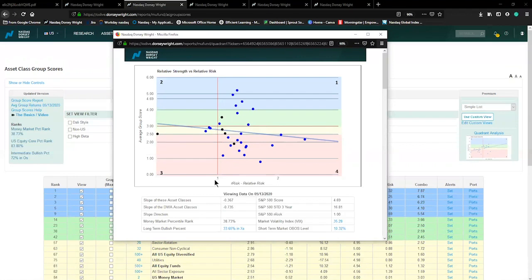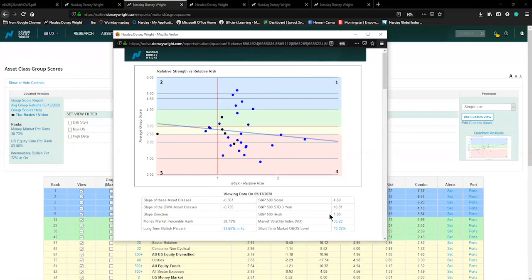When we talk about the relative risk concept, or R risk, an R risk reading of 1 is reflective of the same level of volatility on a 3-year monthly standard deviation as the S&P 500. So that benchmark reading is 1, and that gives you a reference for how a group or a fund gauges from a risk perspective.